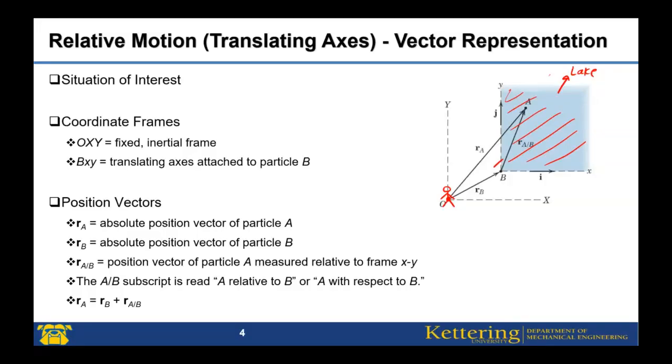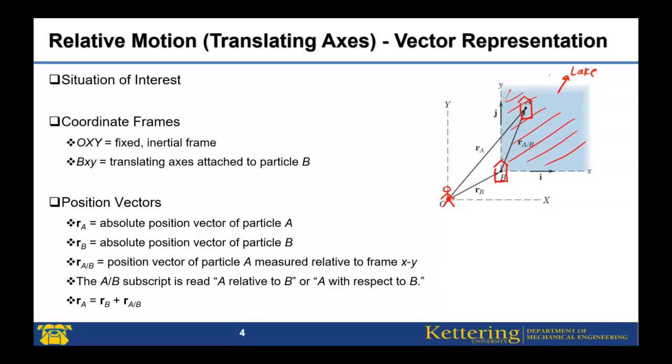There is one boat at position B and another at A. They are moving on the same lake. If I attach a coordinate system called XY, it is a fixed coordinate system, attached to this person who is just sitting and doesn't move. However, I attach another coordinate system to boat B, which is moving in the lake.